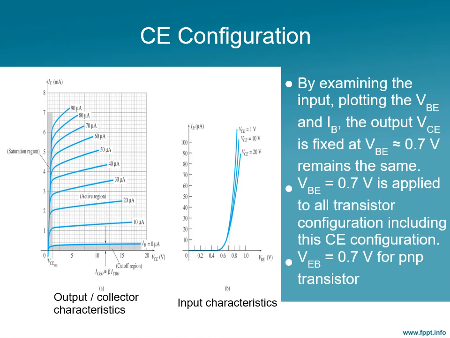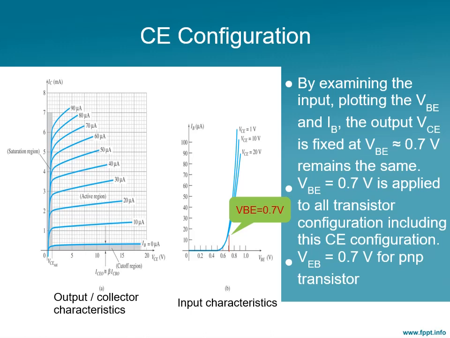There are two graphs in this slide. The first one is the output or collector characteristic, and the other one is the input characteristic. By examining the input, plotting VBE and IB, the output VCE is fixed, and VBE equal to 0.7 remains the same.